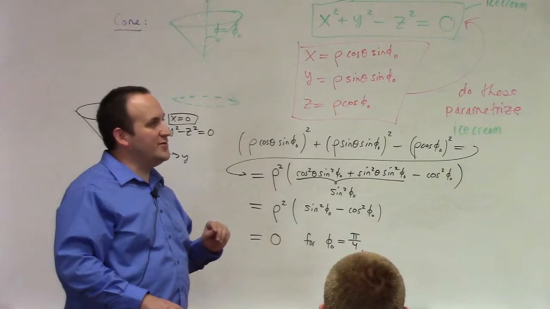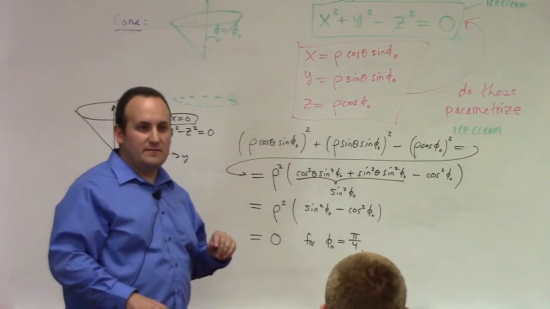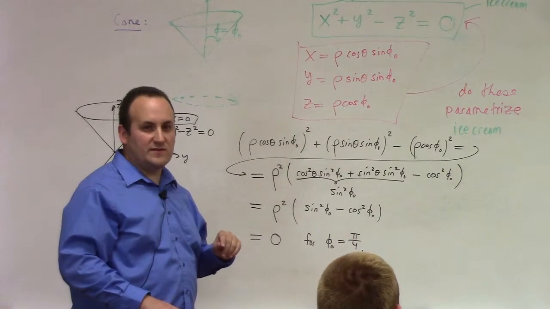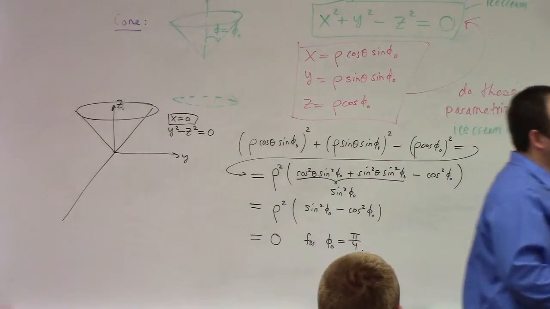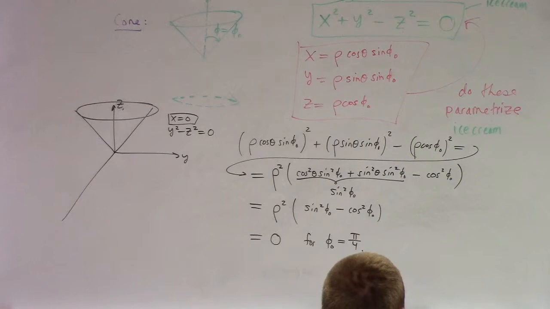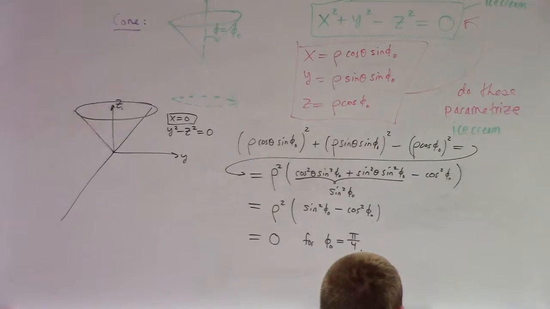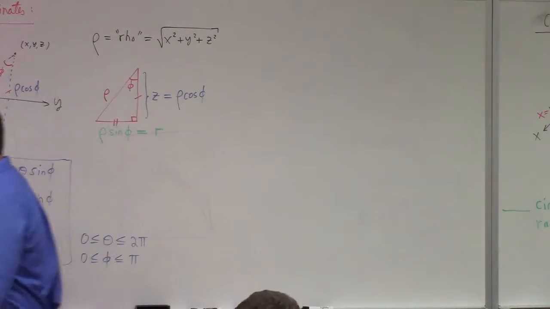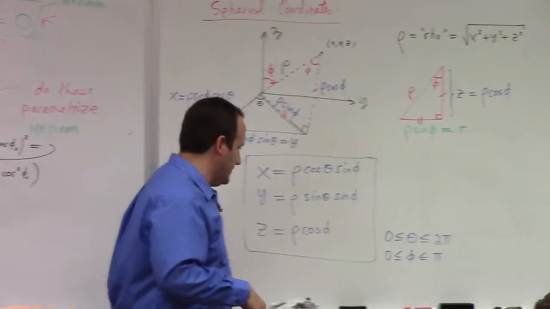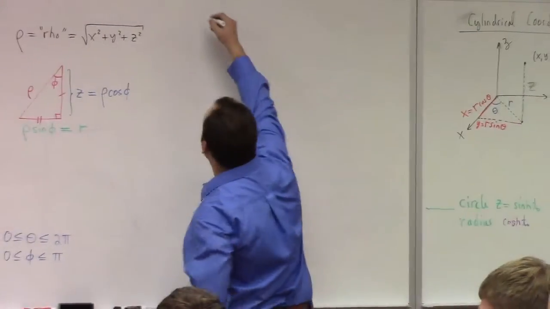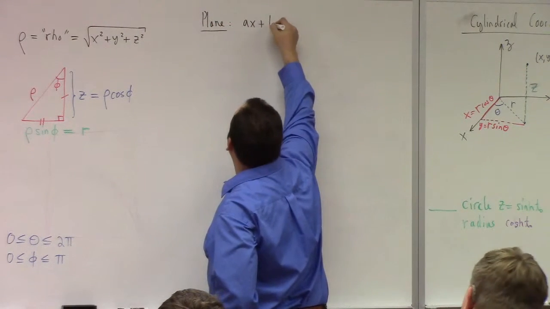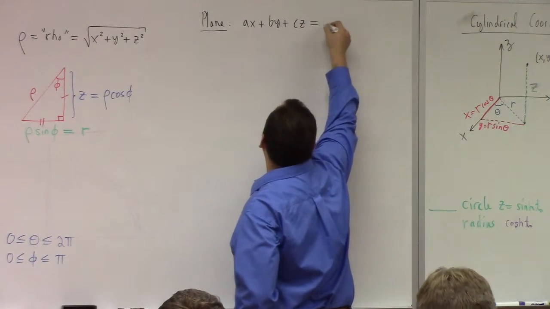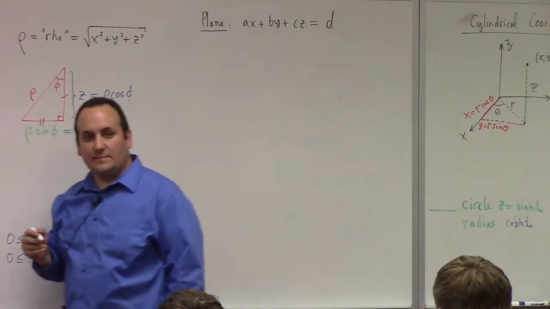What would the equation of a plane look like in spherical coordinates? Or what does the equation of a cylinder look like in spherical coordinates? How about a plane? A plane is ax plus by plus cz equals d for specific constants a, b, c, d.